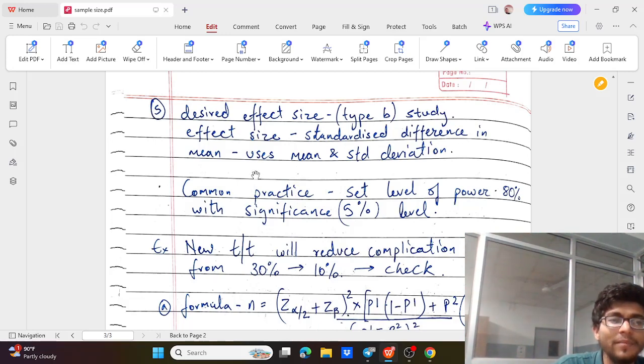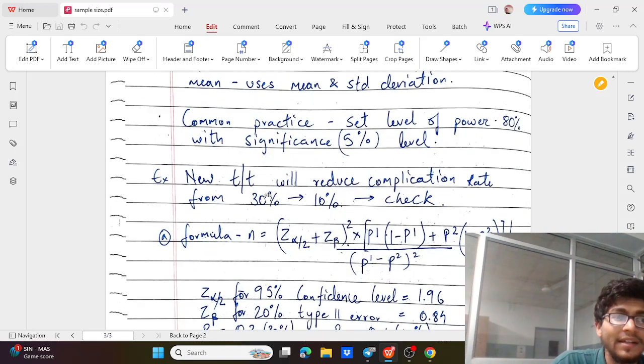Okay, so हम कितना डिफरेंस एक्सपेक्ट कर रहे हैं. फॉर एग्जांपल अगर हम बीपी कम करने की दवाई का स्टडी कर रहे हैं, तो कितना बीपी कम होगा तो हम समझेंगे कि हमारा स्टडी सक्सेसफुल है. फॉर एग्जांपल 150 से 110 हुआ तो सक्सेसफुल बोलेंगे, या 150 से 140 हुआ, 130 हुआ तो भी हम सक्सेसफुल बोलेंगे. तो वो उसका डिफरेंस क्या है हमारा, तो स्टैंडर्डाइज डिफरेंस इन द मीन. ठीक है, और इसके लिए हम मीन यूज करेंगे एंड स्टैंडर्ड डिविएशन यूज करेंगे.